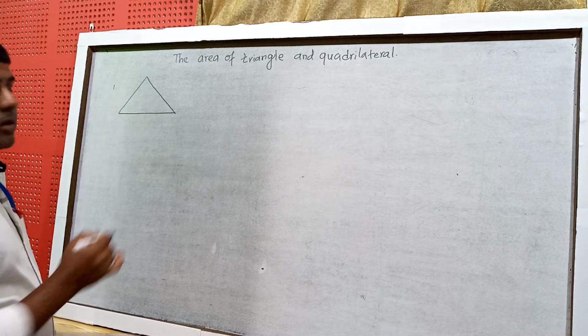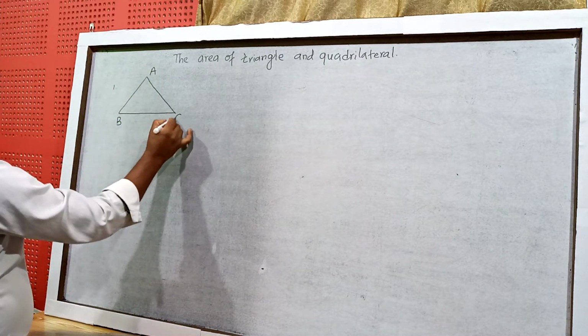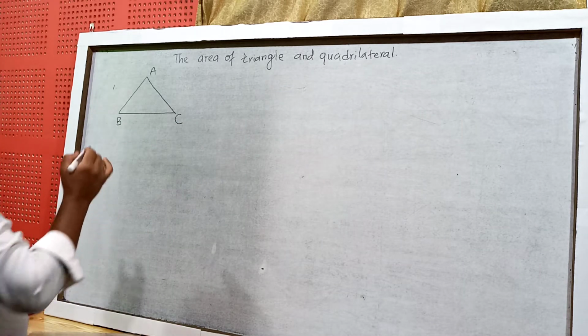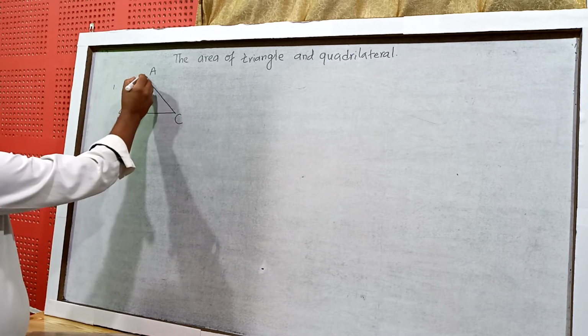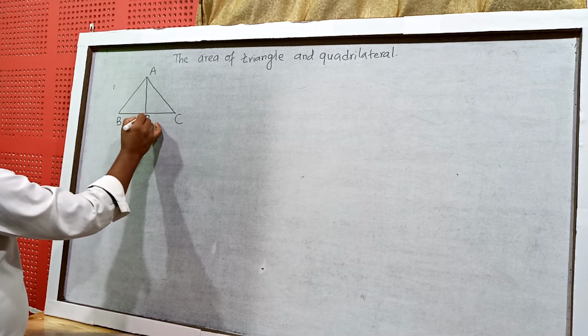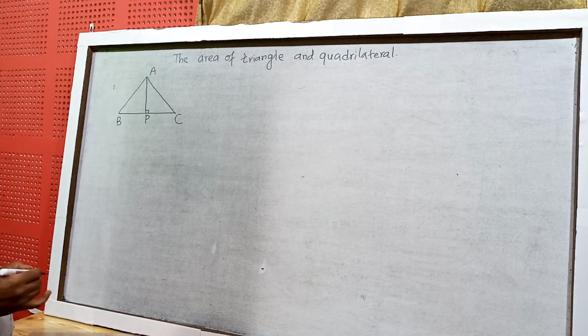This is a triangle ABC. In this triangle, suppose a perpendicular AP is drawn from the vertex A to the base BC.